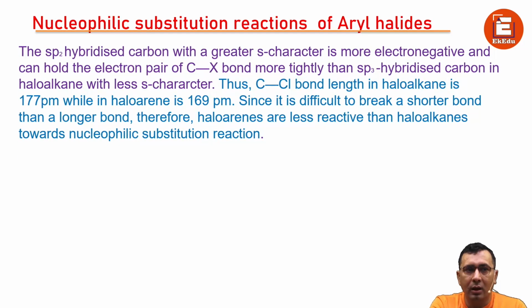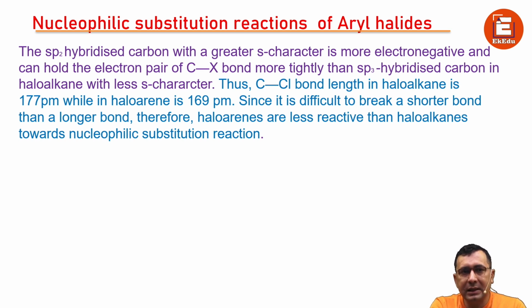Now, the sp2 hybridized carbon with greater s character is more electronegative and holds the electron pair of the C-X bond more tightly than the sp3 hybridized carbon of haloalkane with less s character.